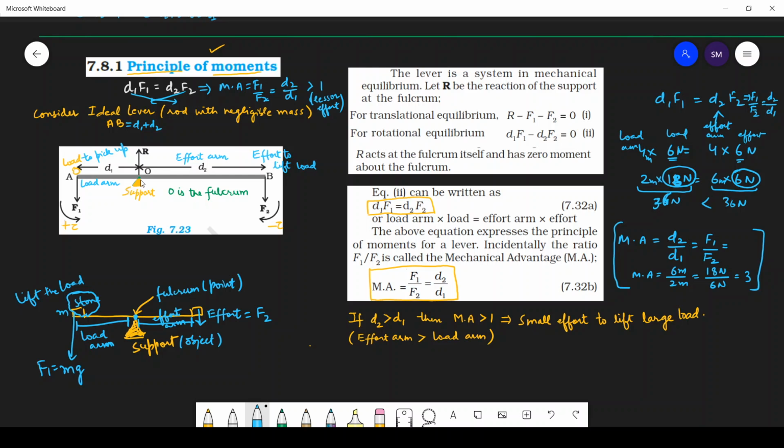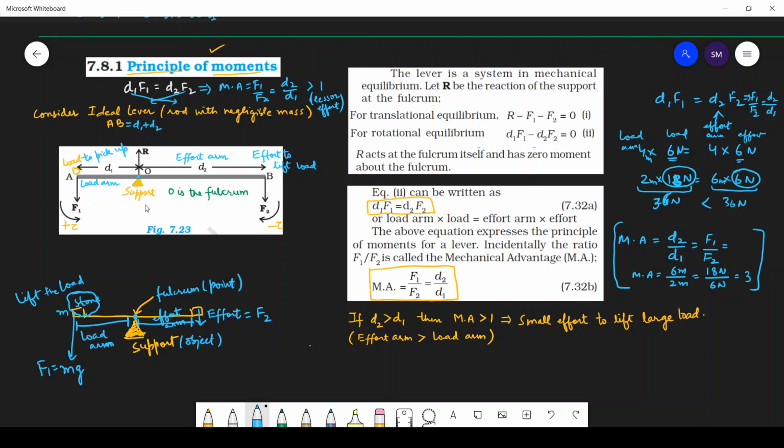Good question. See, if there is a support, then at this point there will be a reaction also. Although this rod is negligible, as the forces are acting on both the points, if I don't have the support, it will come down.